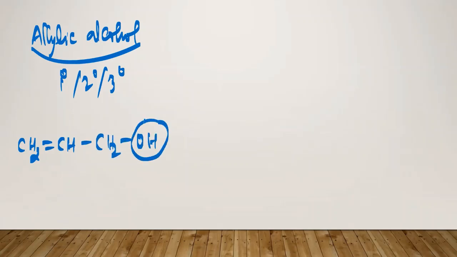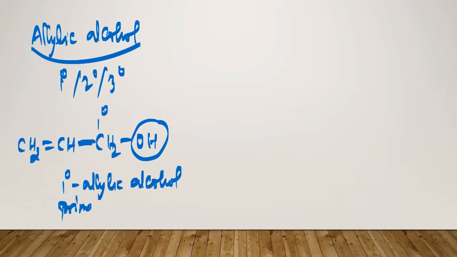Now look here, OH is present on a 1 degree carbon because this carbon is directly attached to only one carbon. So it's 1 degree. I will call it 1 degree or primary allylic alcohol.